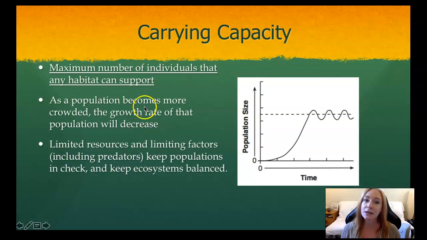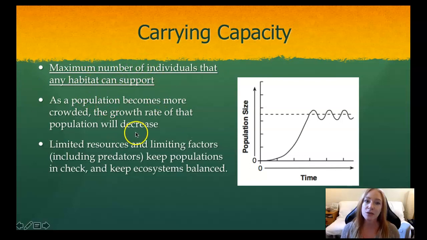Let's talk about how many of a thing can live somewhere. We technically call this carrying capacity. The carrying capacity of an ecosystem is the maximum number of individuals of an organism that a habitat can support.